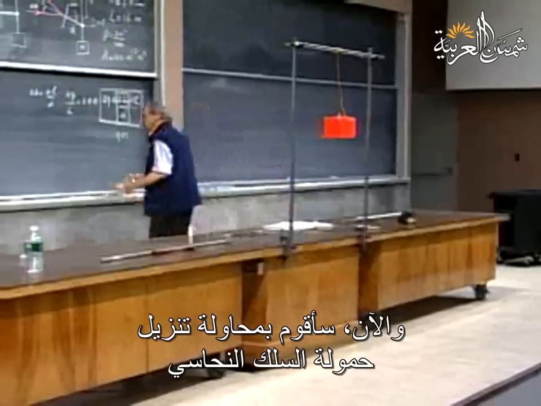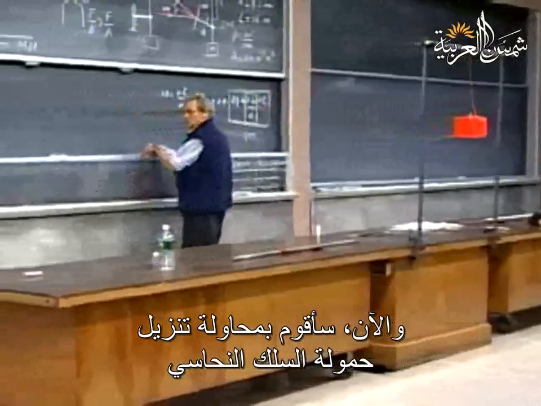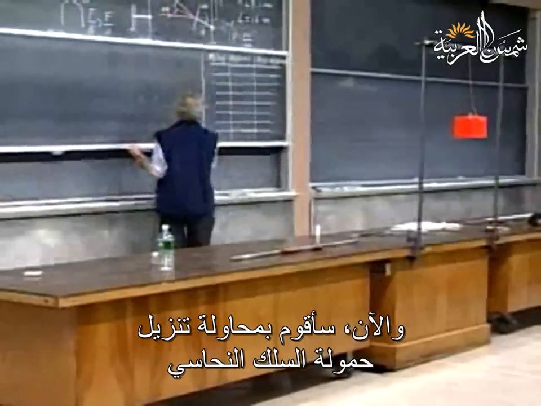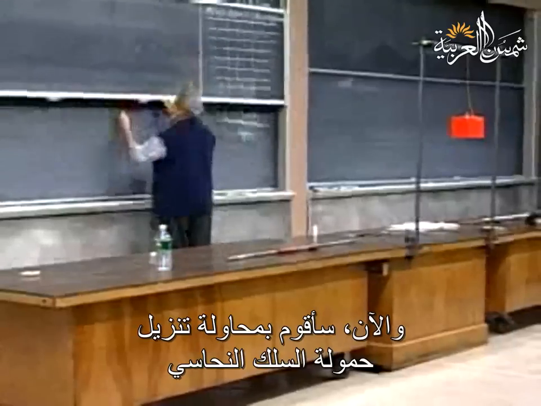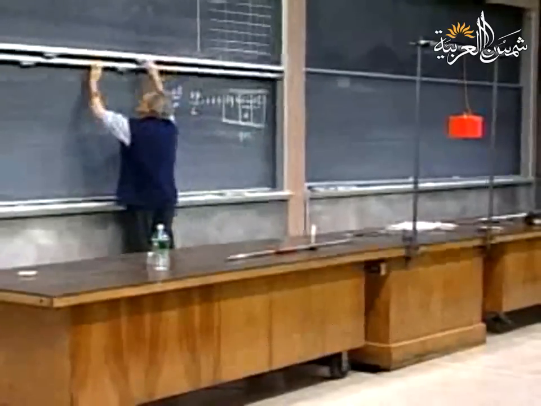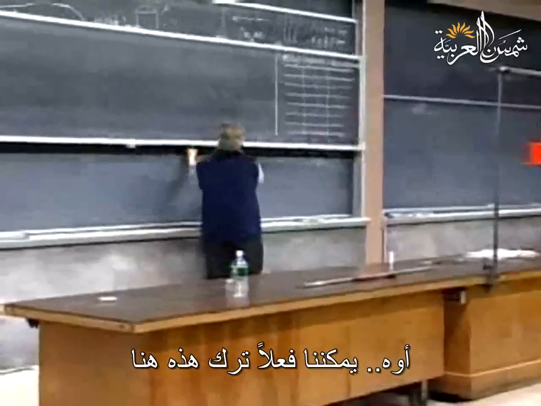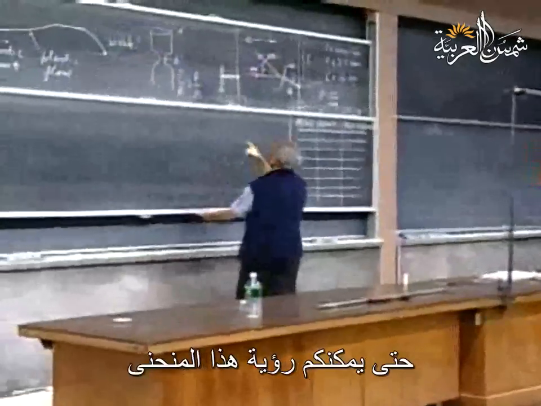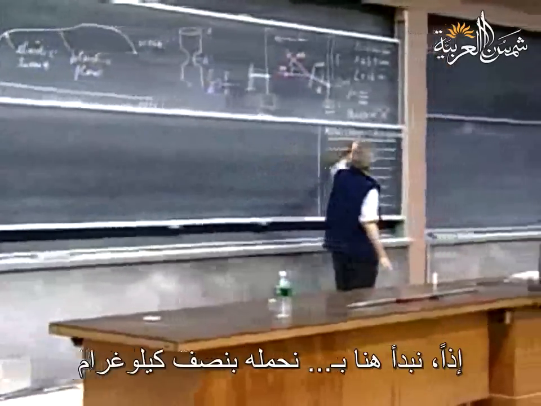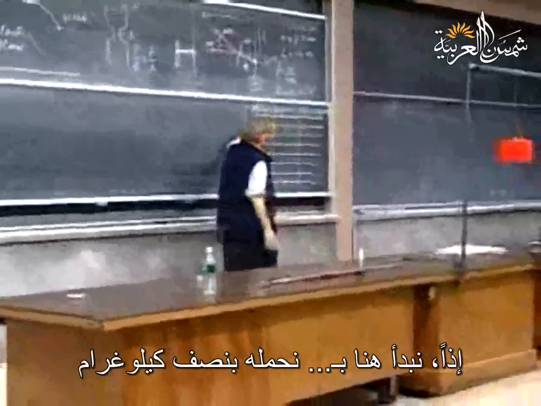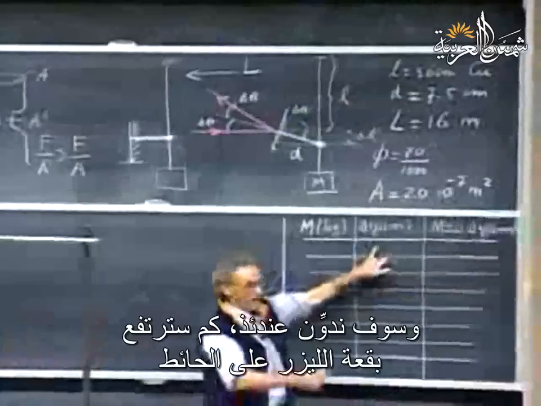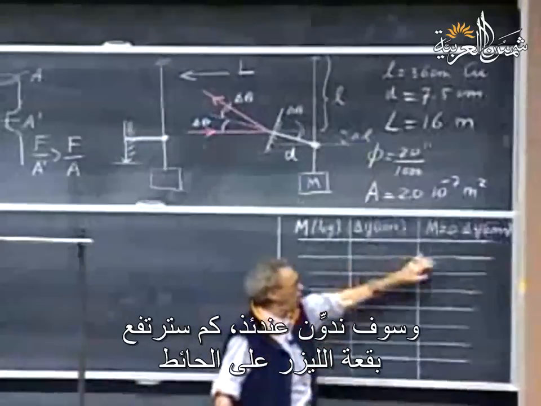So I will now make an attempt to load down the copper wire. Oh, we can actually leave this here so you can see that curve. So we start here, we go up with 0.5 kilograms. We will write down then how much that laser spot goes up on the wall.